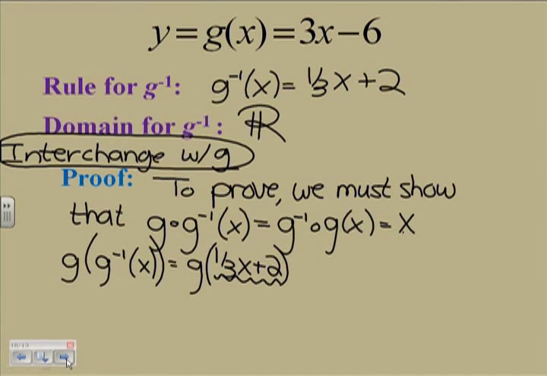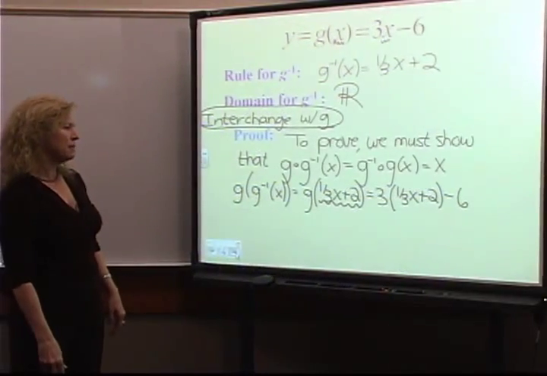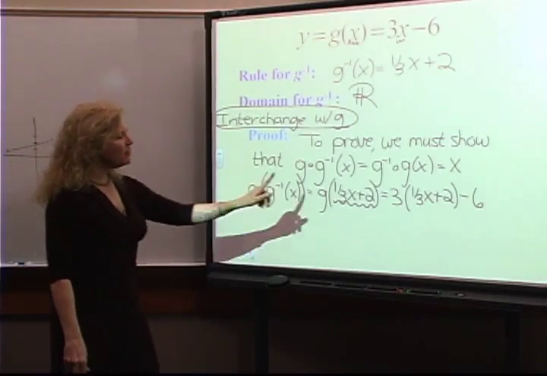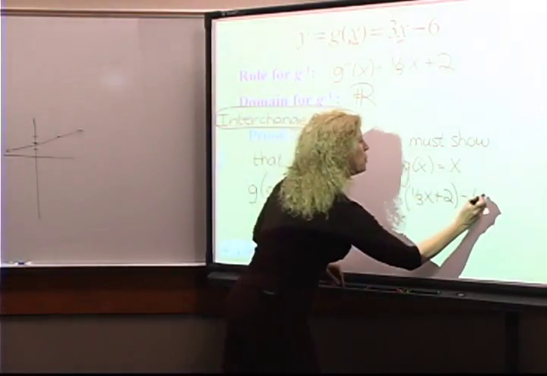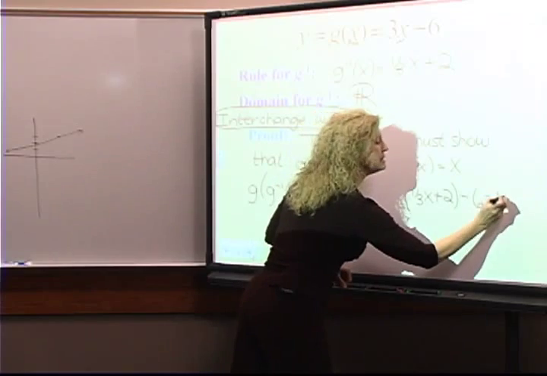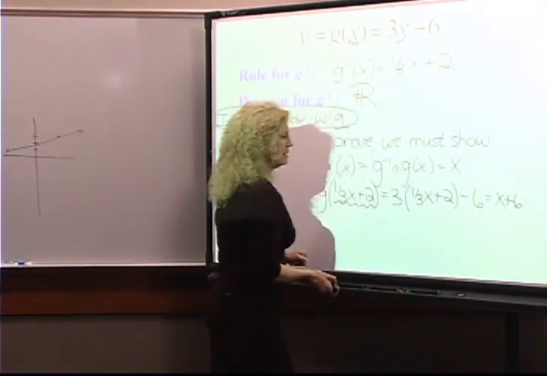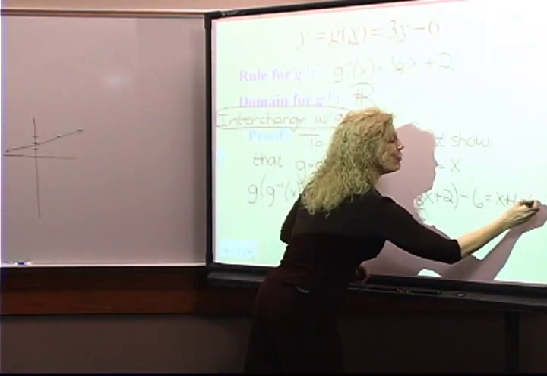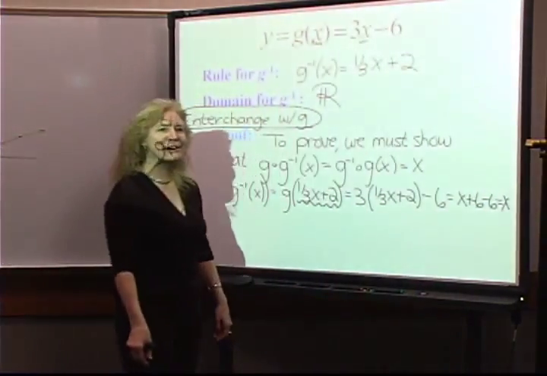Well, g says whatever you put in, we're going to take 3 times the input minus 6. And let's see what we get there. If we distribute this 3 through, won't we get x plus 6 minus 6? Look there.